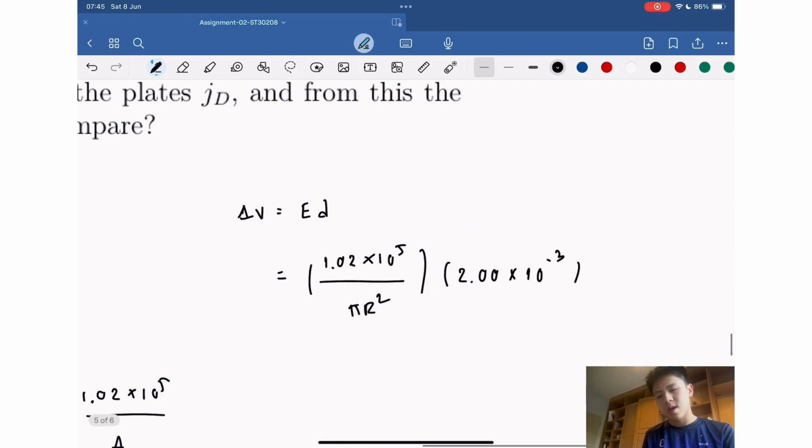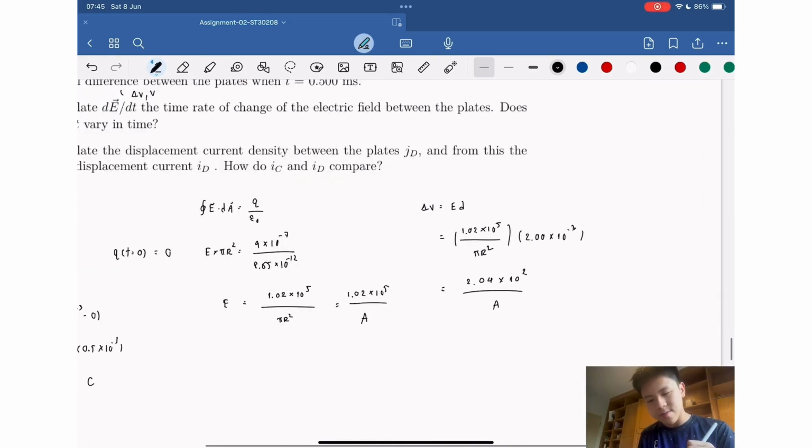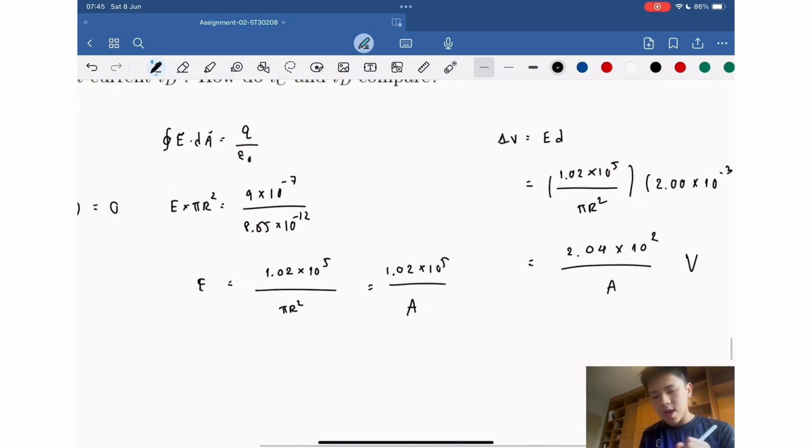Okay, so we would get around 2.04 times 10 to the power of 2 over area, in volt, and this is volt over meter.